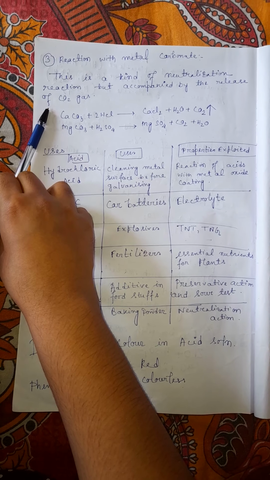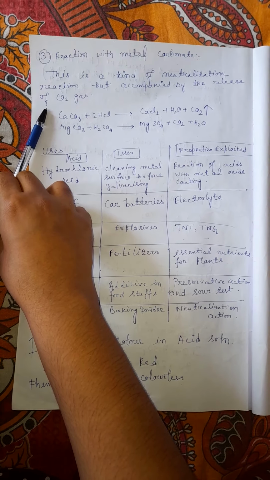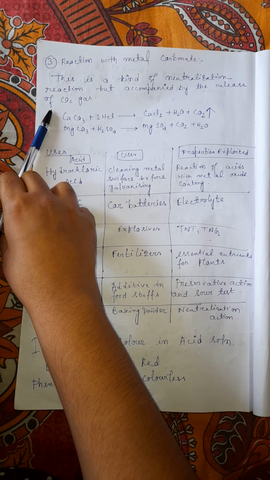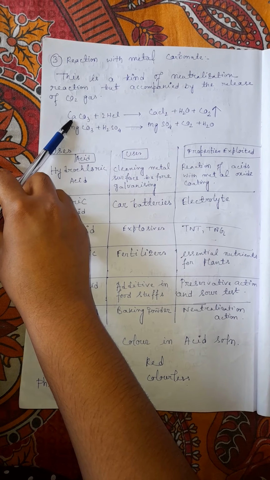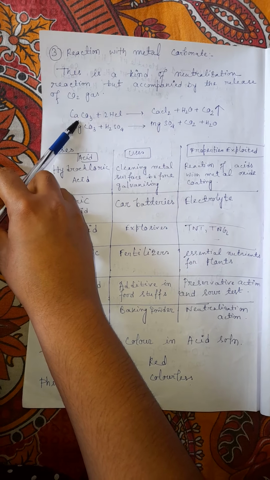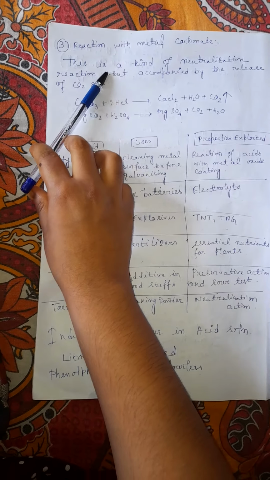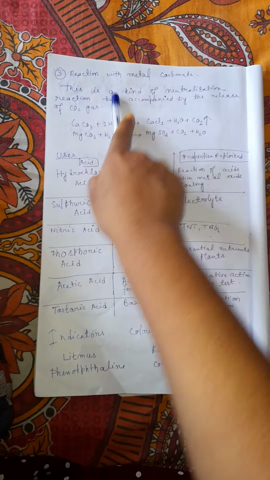And why is this called a kind of neutralization reaction? Because in the neutralization reaction, an acid and a base react and produce salt and water. So here is the same reaction. It is an acid, the carbonate may be considered as a base, forms a salt and water, and in addition CO2 gas is released. So this is a kind of neutralization reaction.